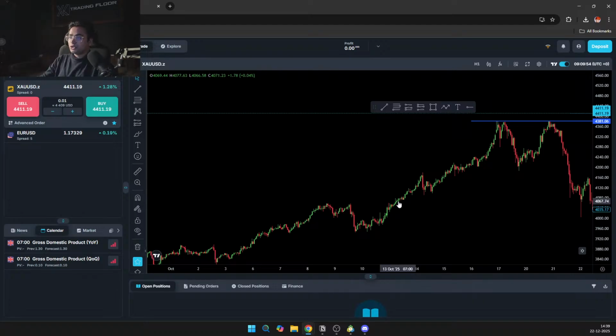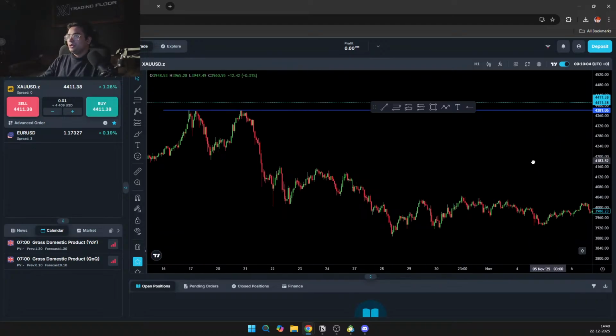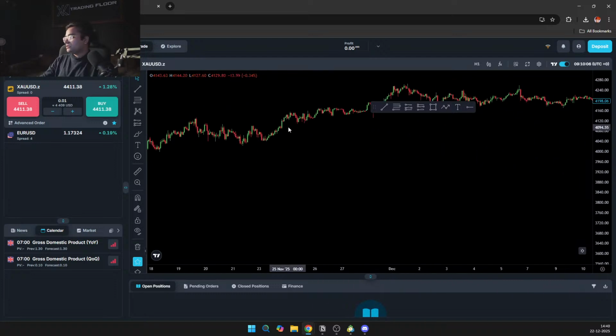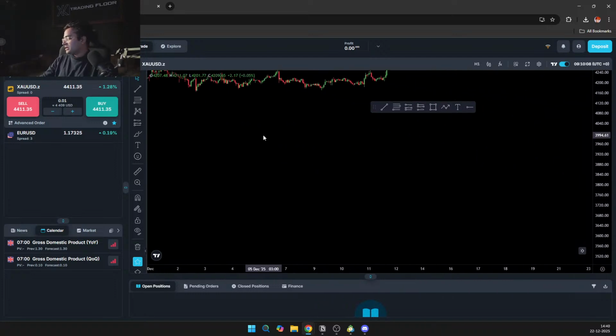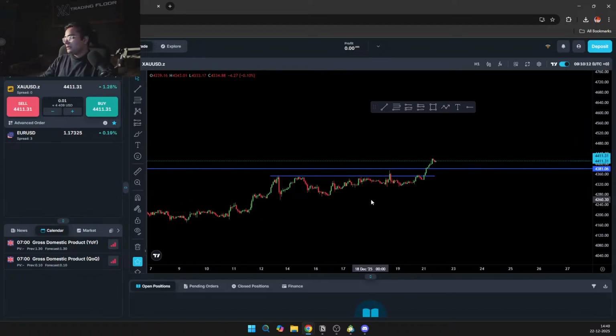One hour candles, small candles, it's making all-time highs, constantly moving up. When we start moving down, it had a huge drop. Then again started moving up, then again a huge drop. So I'm not expecting any kind of major pullback at the moment. What I'm expecting is just minor pullback and continuation, minor pullback and continuation.